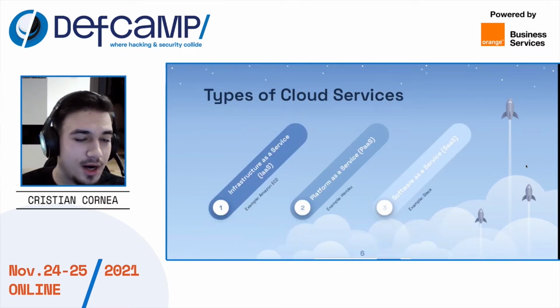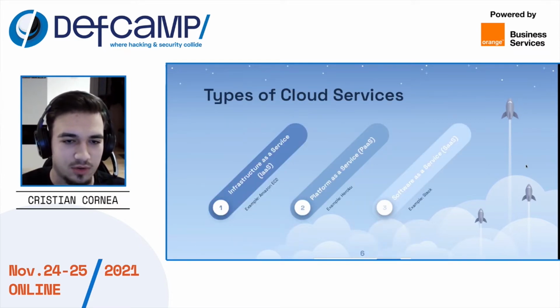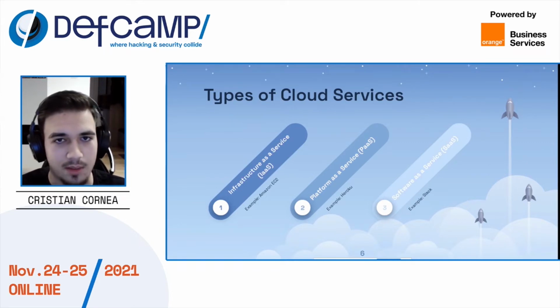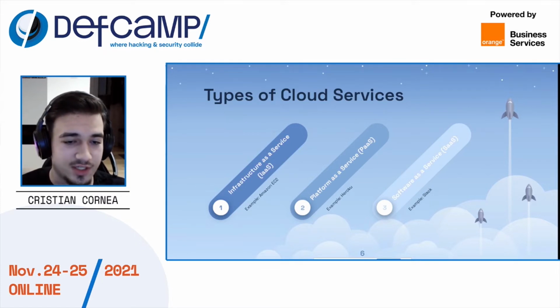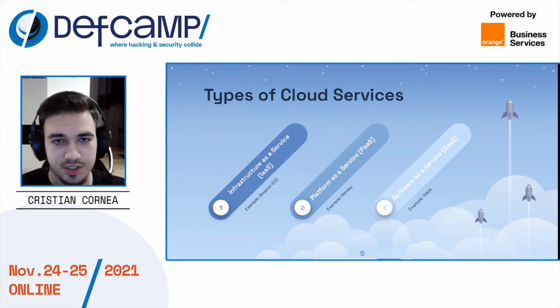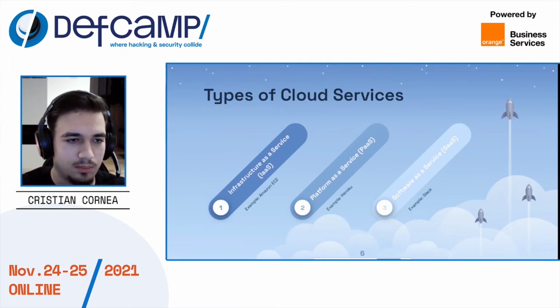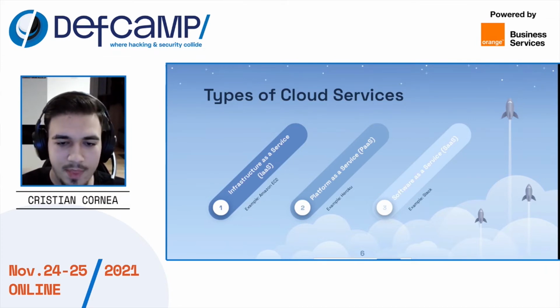And there are multiple types of cloud services. Let's walk through some common types of cloud services. We have infrastructure as a service, such as Amazon EC2, where they give us the servers, the virtualization, all the infrastructure, and we can scale that.